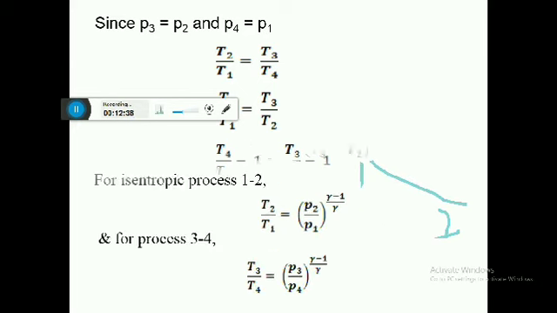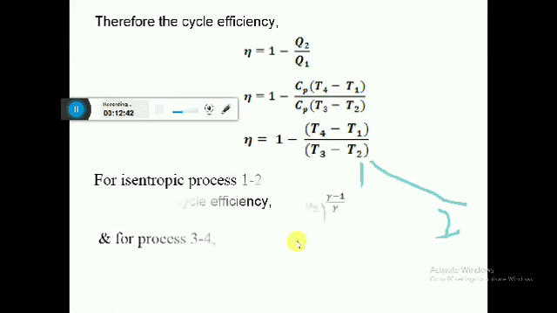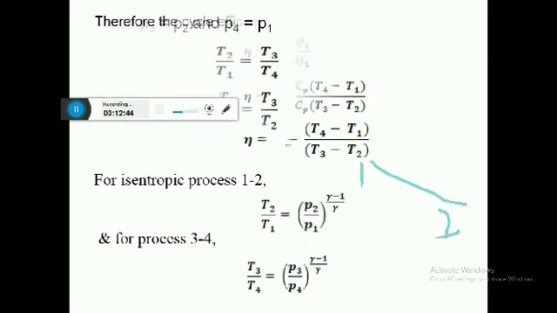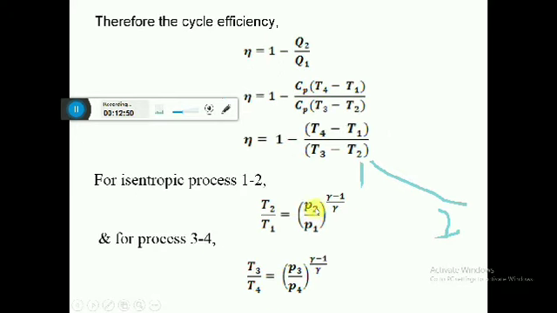So now we know that P3 is equal to P2, P4 is equal to P1. Look here, P3 is equal to P2, P4 is equal to P1. So obviously P2 by P1 is equal to P3 by P4.